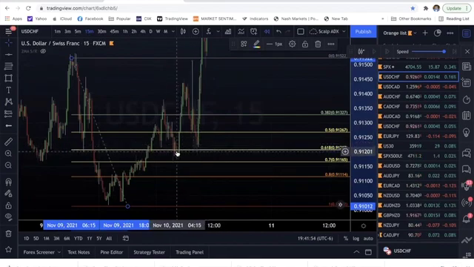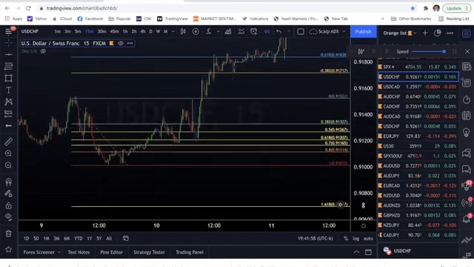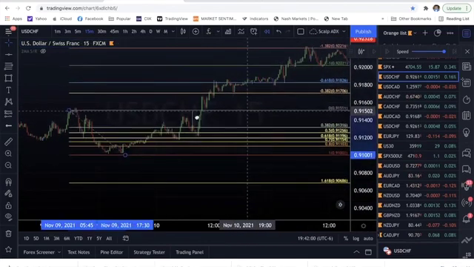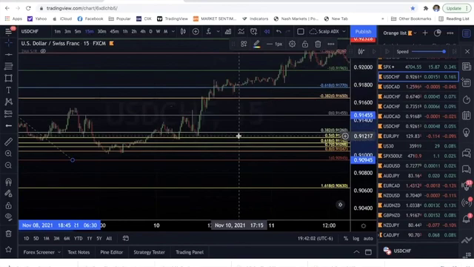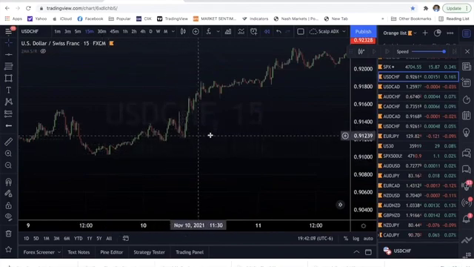Gave you 2 opportunities, right here and right here. And you could have gotten into that trend, and it would have taken you all the way up, okay? So it doesn't have to be a big trend that's retracing back big. All of these are little movements.